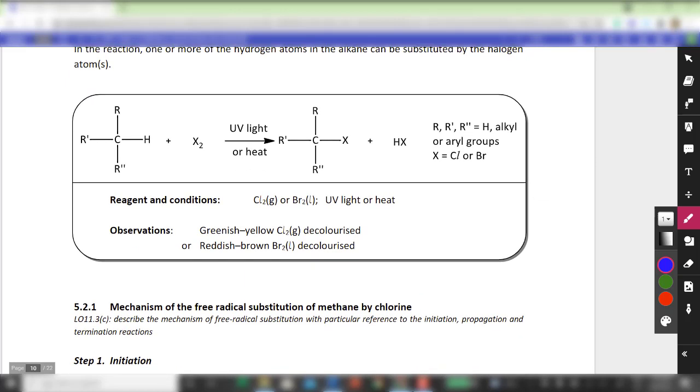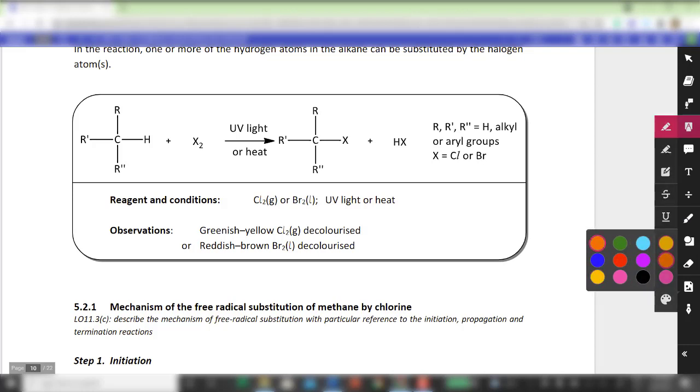You're going to see diagrams like this being written throughout your organic chemistry notes. They largely just represent, number one, the reaction involved. In this case, it involved a tertiary alkane, but it doesn't mean that only tertiary alkanes react.